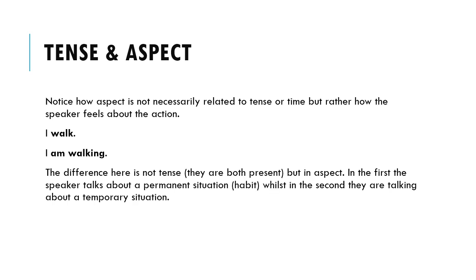For example, I have the sentences I walk and I am walking. The difference here is not the tense, they are both present tense, but the aspects are different. The first one has simple aspect, and the second one has progressive aspect.